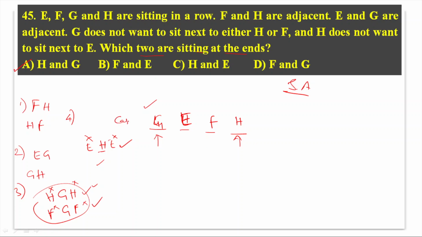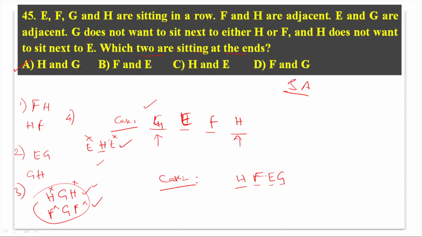So this is case 1. There are multiple cases to solve this question. We take case 2 here. Suppose I take E and G will be here and H and F like this. In this case also I am satisfying all the conditions. Let us see whether this works.